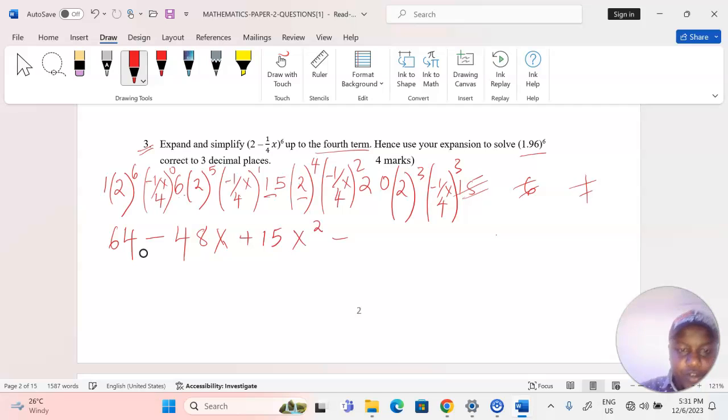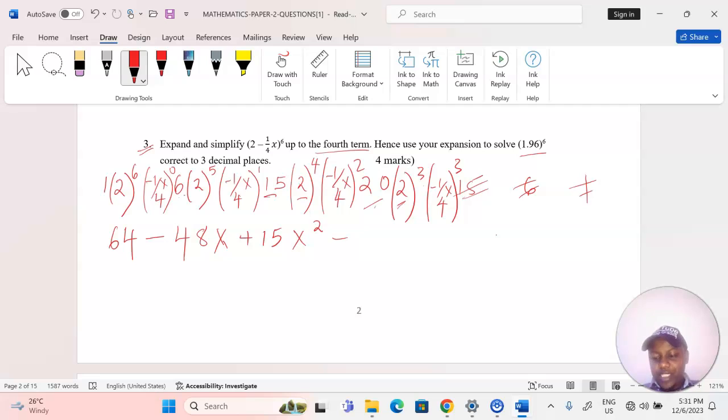And finally, we should have a minus now. In this case, we have 2 power 3, which is 8, times 20. 20 times 8 times negative 1 out of 4 power 3, which becomes 64.